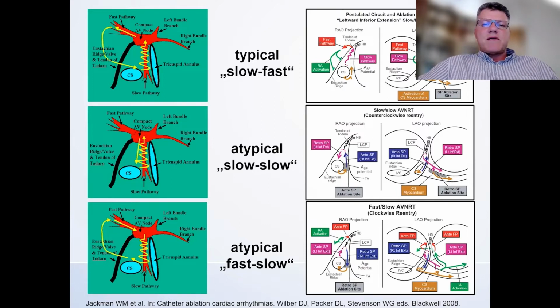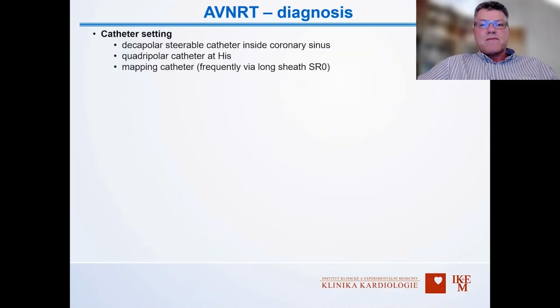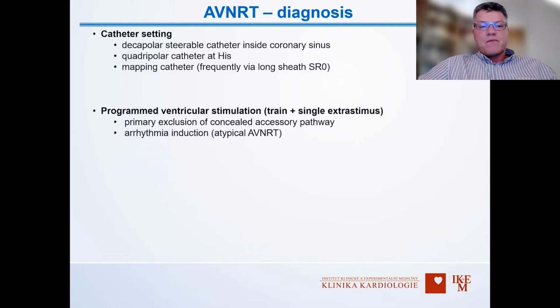Correct diagnosis is a good starting point, of course, especially for the atypical form of AVNRT. The differential diagnosis from atrial tachycardias and AVRT may be a significant issue. Our normal catheter setting is a decapolar steerable catheter inside the coronary sinus, a quadripolar catheter at the His, and a mapping catheter at the RV septum at the beginning, and frequently a long sheath for more precise manipulation.